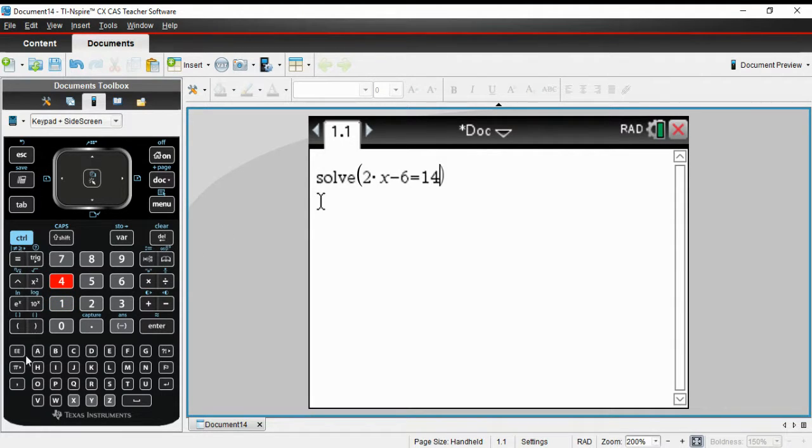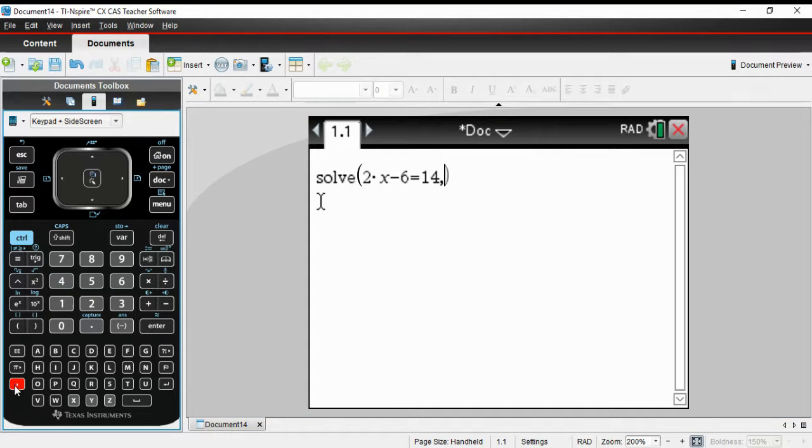So I then pop in a comma, very, very bottom left, and I want to find what the value of x is, and I close the bracket. So solve, open bracket, 2 times x minus 6 equals 14, comma x, close bracket.